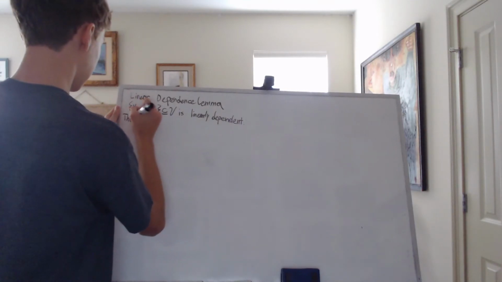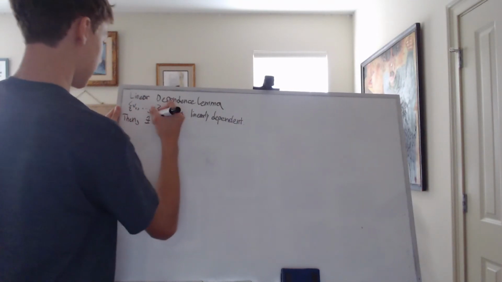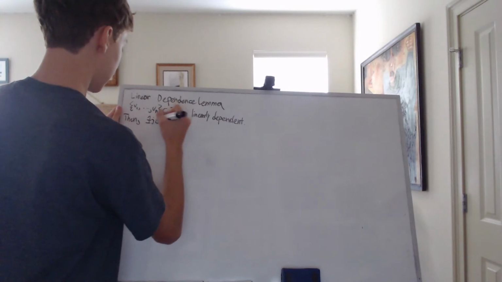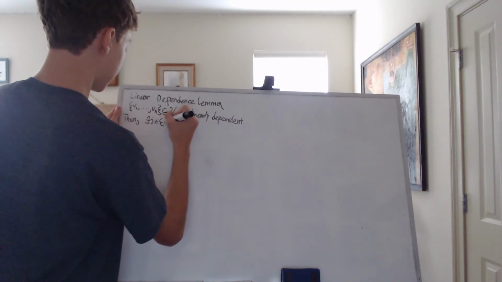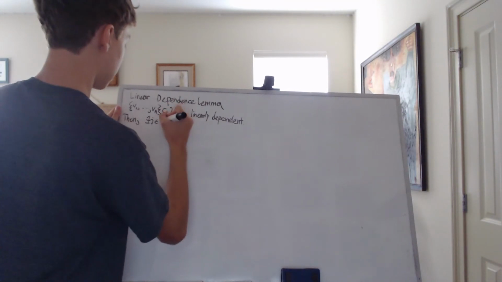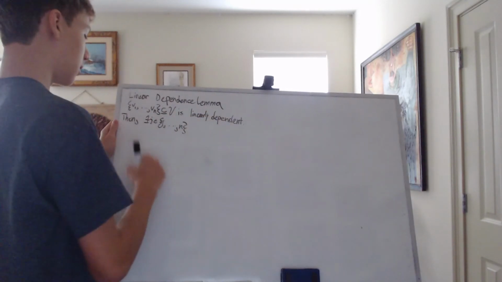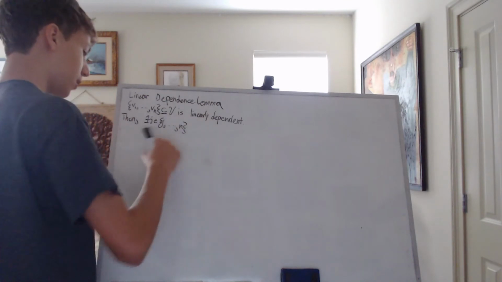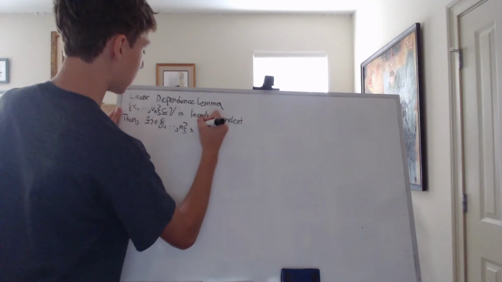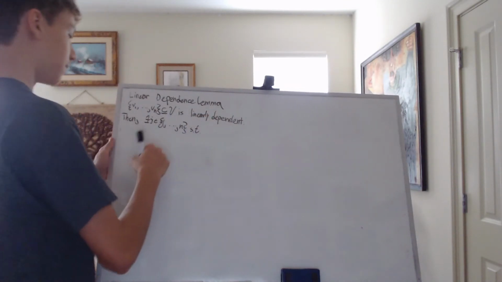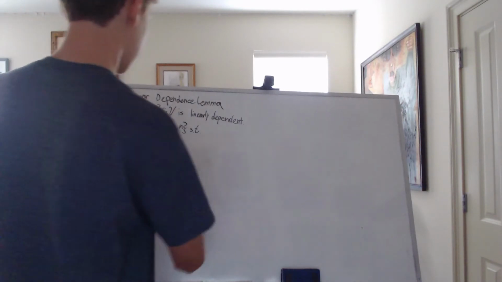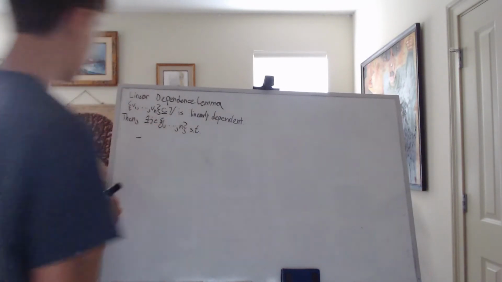Then there exists j, a member of the set 1 all the way to n, so this natural number, such that the following two conditions hold.